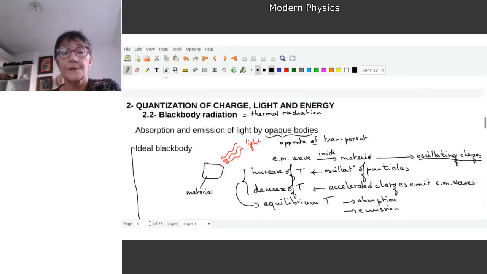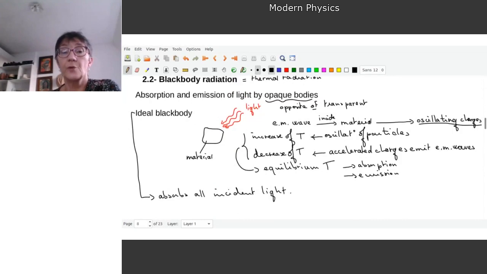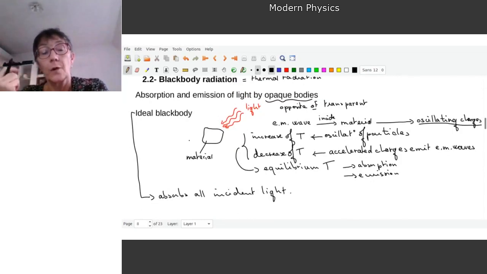So why is it important? Because this is something you can observe. For example, at room temperature you don't observe this emission of radiation, because we will see it is essentially in the infrared range of the electromagnetic spectrum.